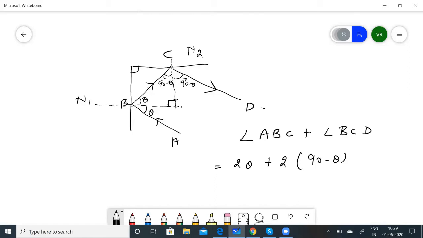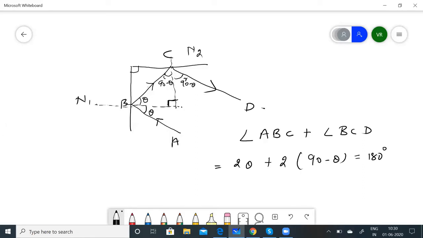So when I add these two angles, ABC plus BCD is going to be 2 theta plus 2 times 90 minus theta. That is equal to 180 degrees, because AB and CD are parallel to each other, so they are co-interior angles. The angles on the same side of the transversal are supplementary.